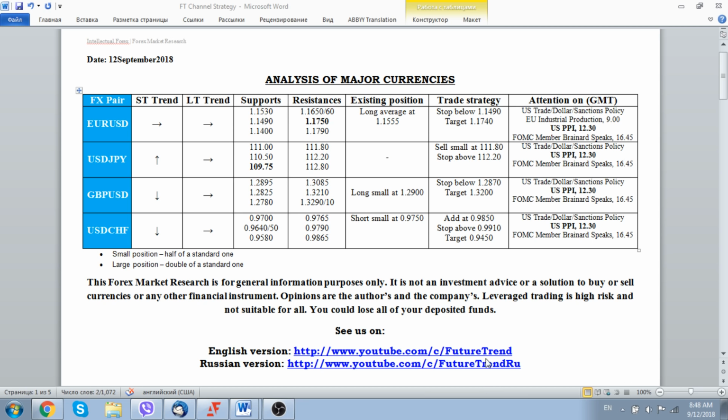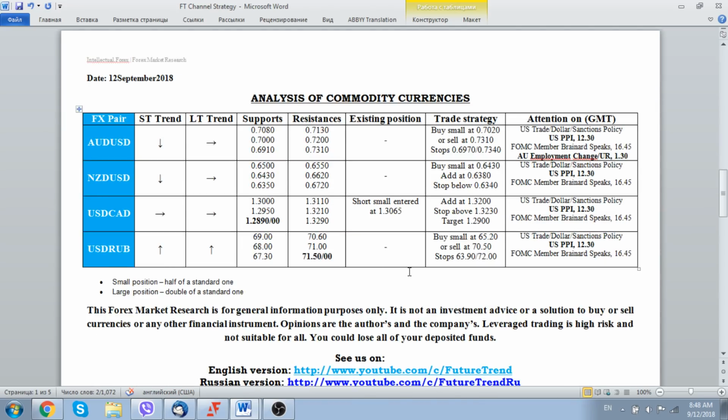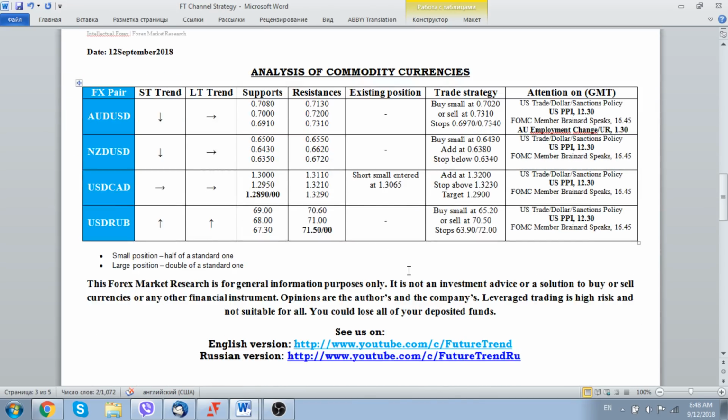That's why this morning we decided to sell the dollar Canada, and we already did this. As you could see from our analysis of commodity currencies, we sold a small position in dollar Canada at 130.65.